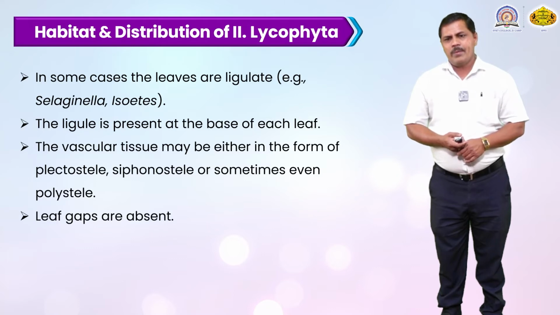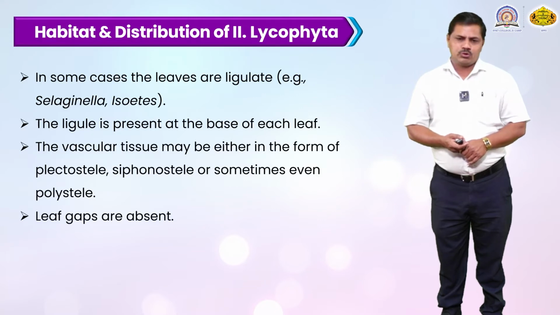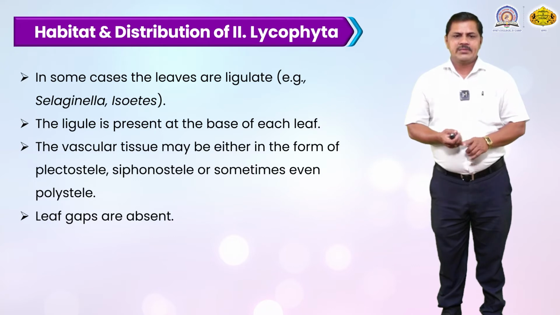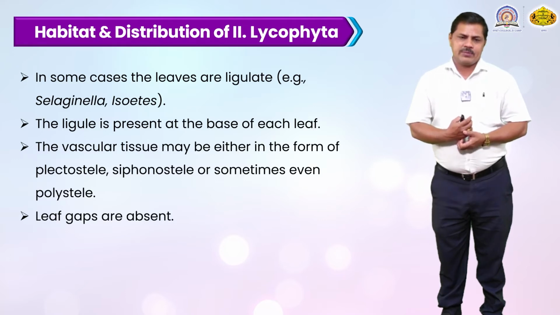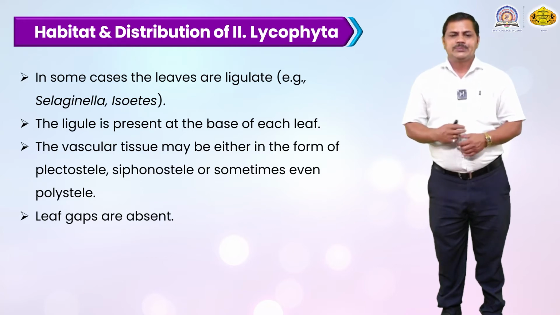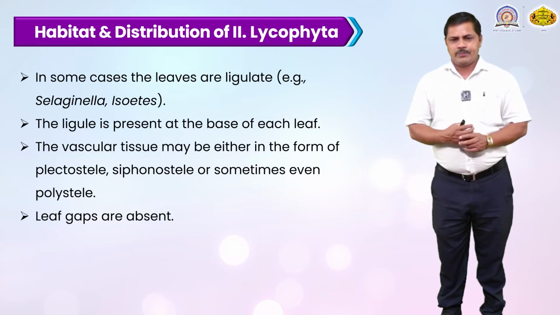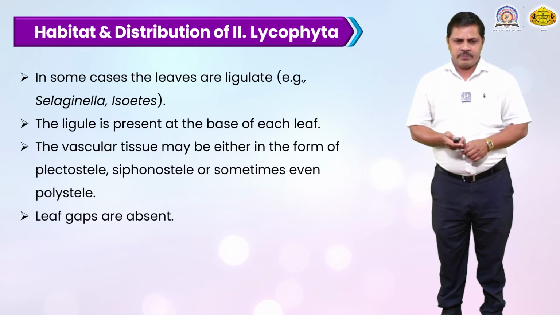The vascular tissue may be in the form of plectostele, actinostele, or sometimes even polystele. This means the arrangement of xylem and phloem is different. In the plectostele, xylem is present at the center and covered by phloem cells. In that type, the vascular tissue is arranged in this way. Leaf gaps are absent on the surface of the stem.